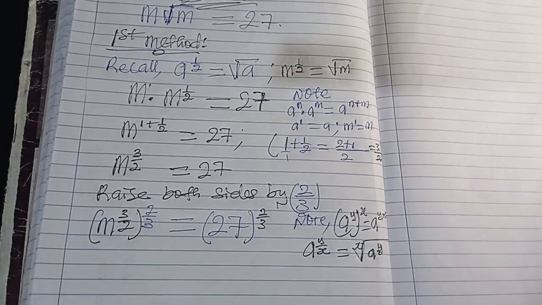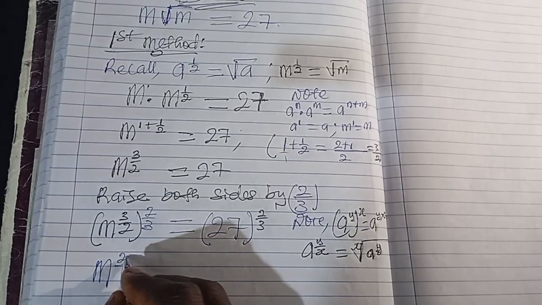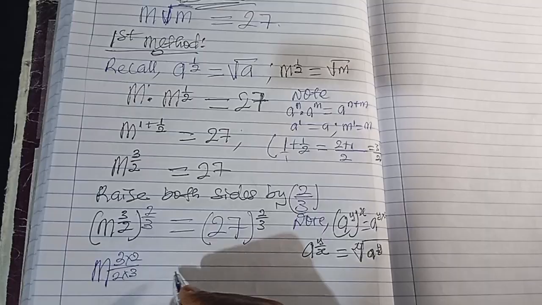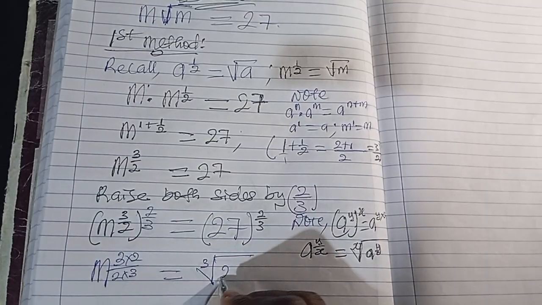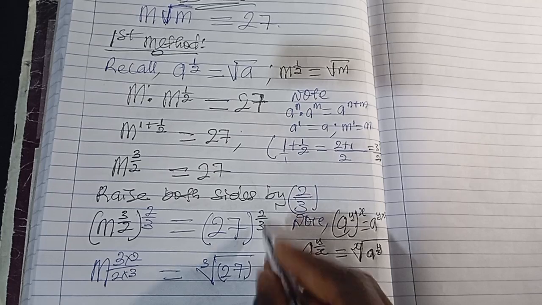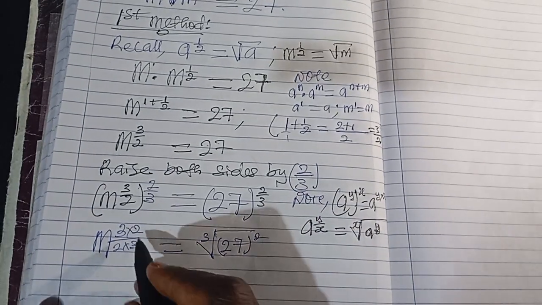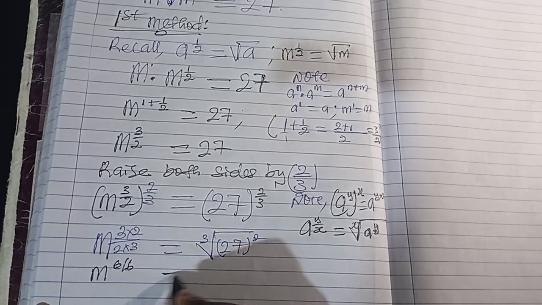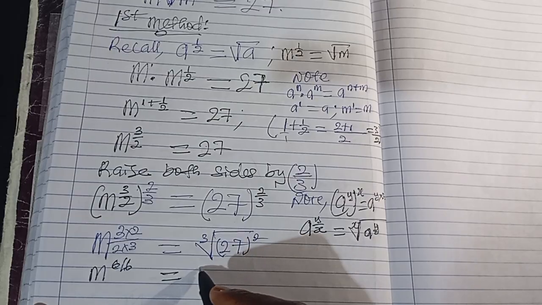Good. Let's proceed. So I can have m raised to power 3 times 2 divided by 2 times 3. This is equal to the cube root of 27 all raised to power 2. Good. So this is equal to m raised to power 6 over 6 is equal to the cube root of 27, which is 3.